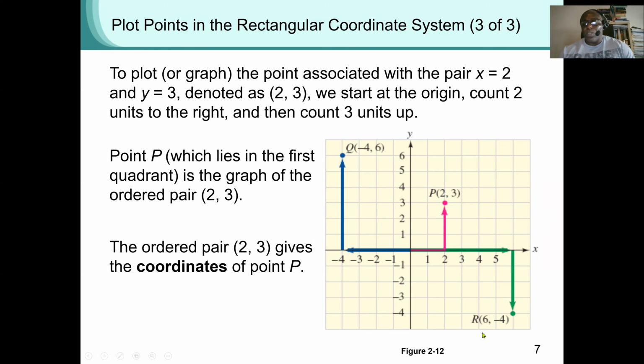And our last point will be R. In R, we have +6 as x and -4 as y. So we go towards positive x, to the right from the origin, to 6. Then from the origin down for y, -4. So the intersection will give us our point R, which is (6, -4).